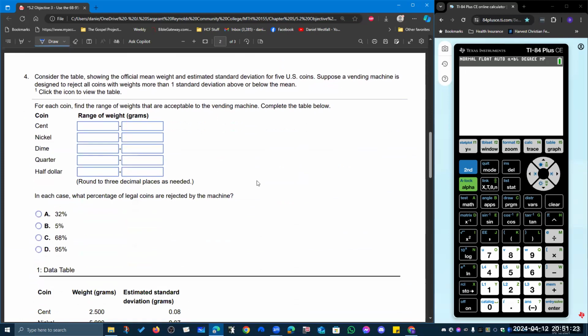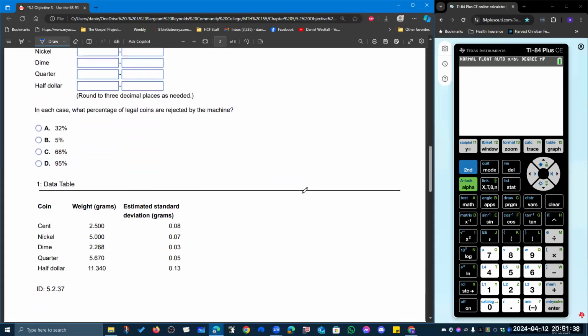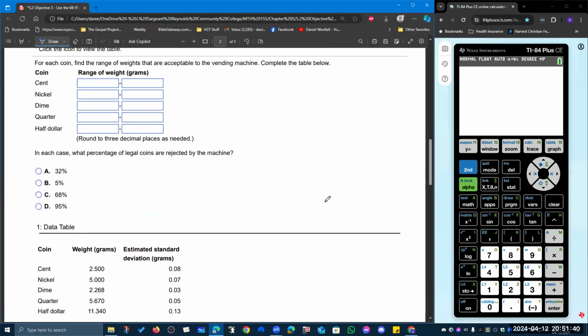Consider the table showing the official mean weight and estimated standard deviation for 5 US coins, and suppose a vending machine is designated to reject all coins with weights more than one standard deviation above or below the mean. This is why I have the calculator out here.